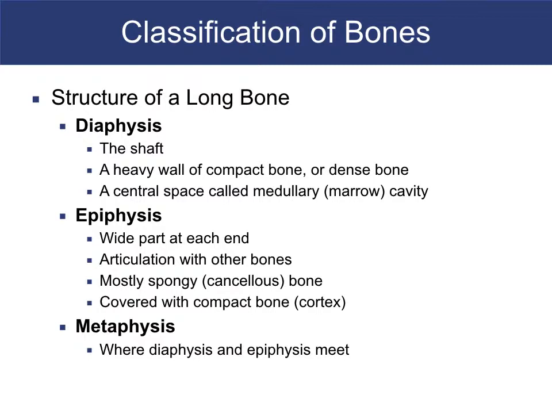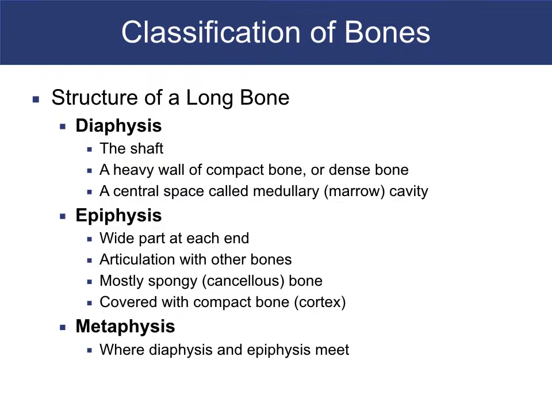The middle portion here is the shaft, the diaphysis, and it has a heavy layer of compact bone around the outside. The central space is called the marrow cavity or medullary cavity. It's mostly hollow. It has spongy bone in it. We'll see that. And it is where we make our blood cells. It's our bone marrow.